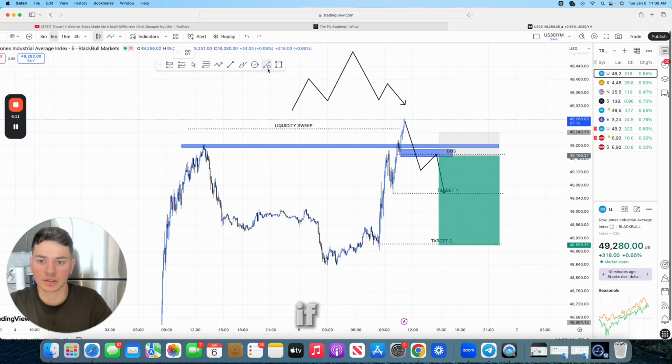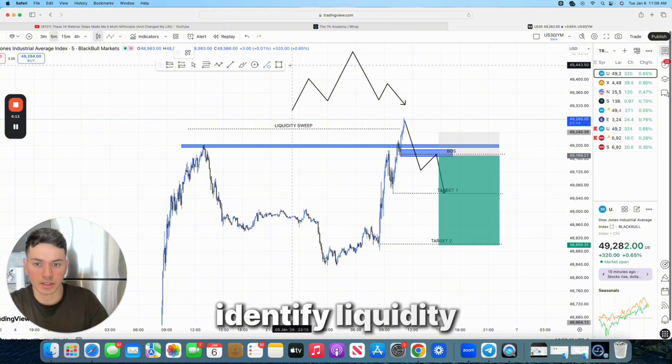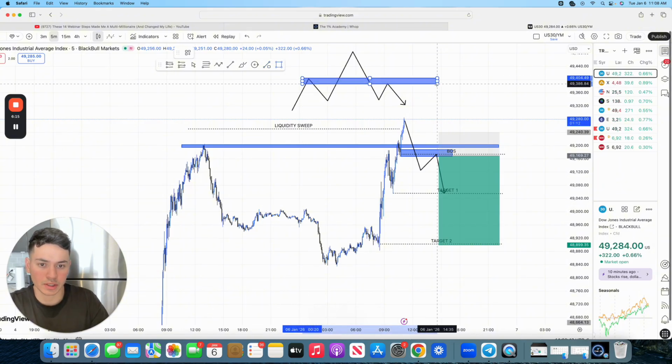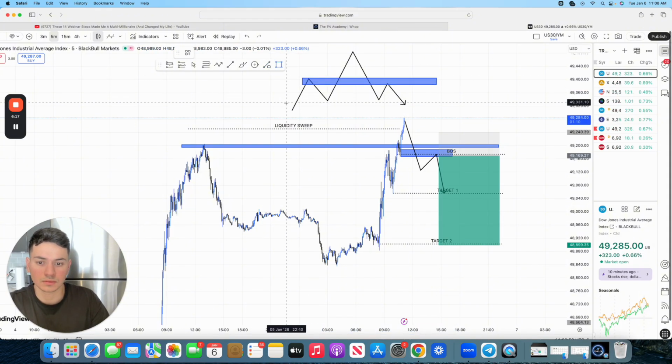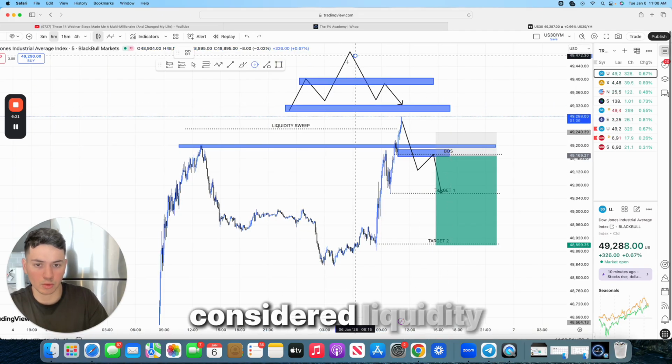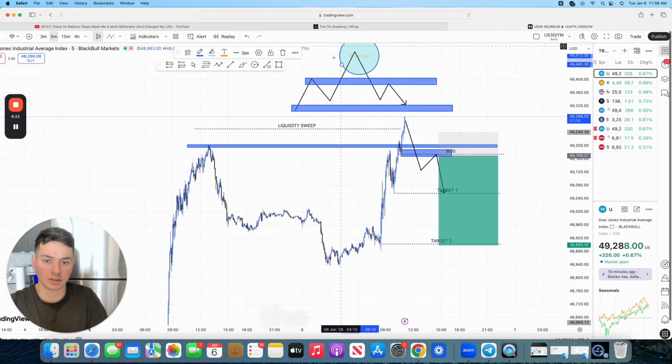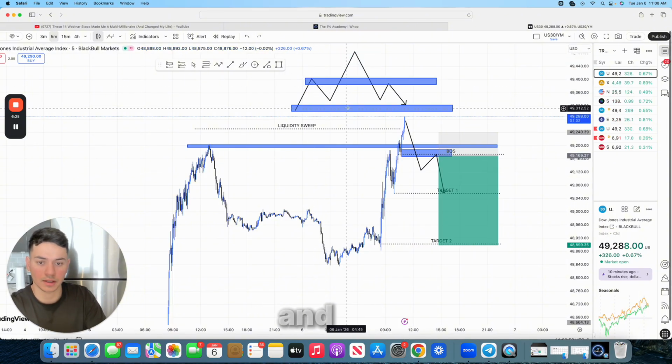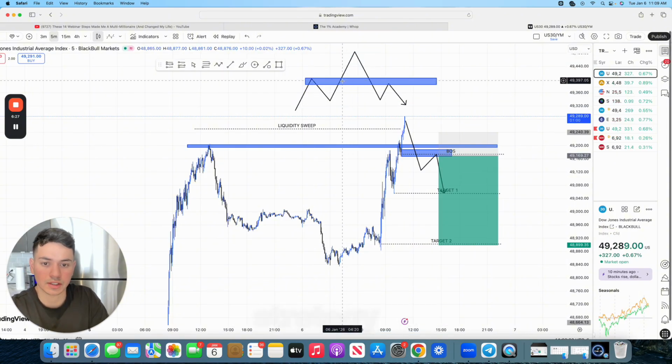If you can identify a liquidity sweep, it's simple. It's just this. We have this, and this would be considered a liquidity sweep because it's faking out the sellers. I hope you understand this strategy by now.